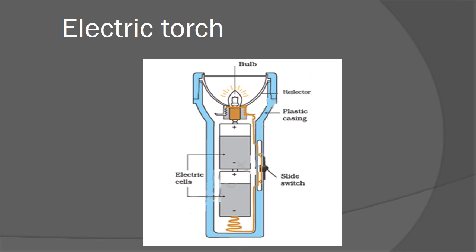The reflector placed around the bulb makes the light of the torch brighter and makes the light travel a greater distance. A metal spring is connected with the negative terminal of the cell to complete the circuit. The chemical energy in the cell is converted into electrical energy to make the bulb glow.